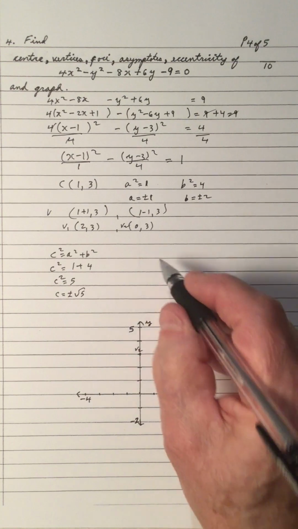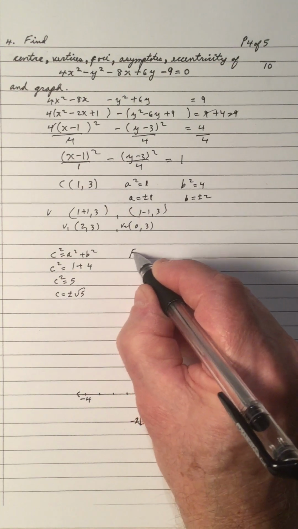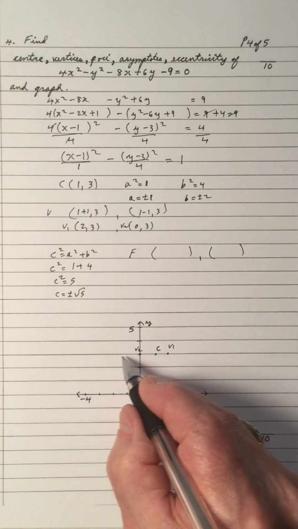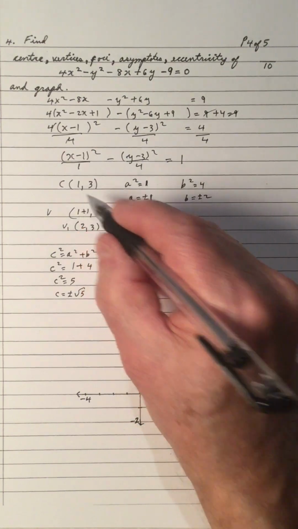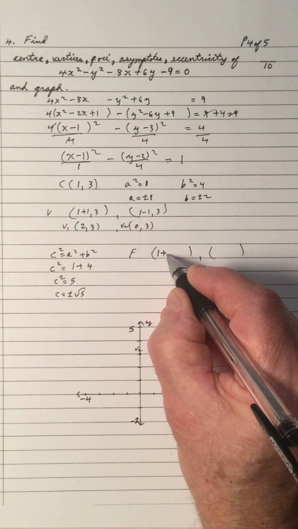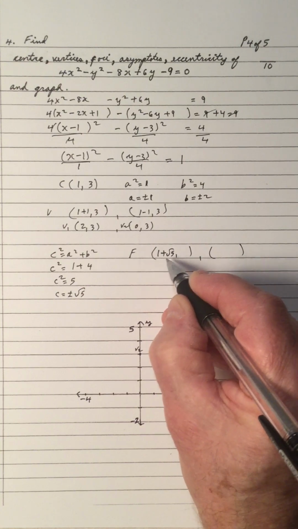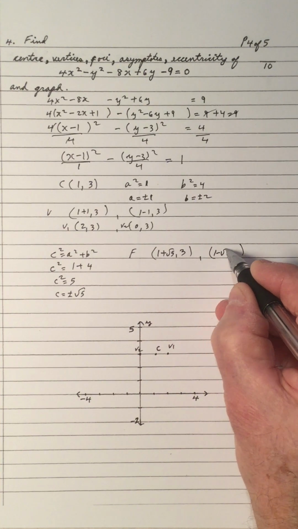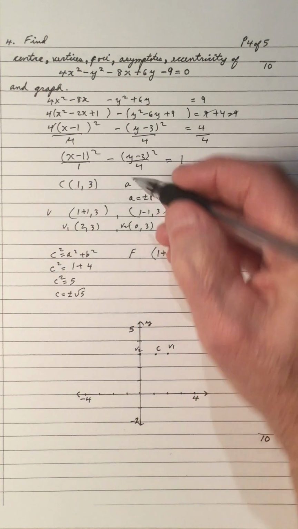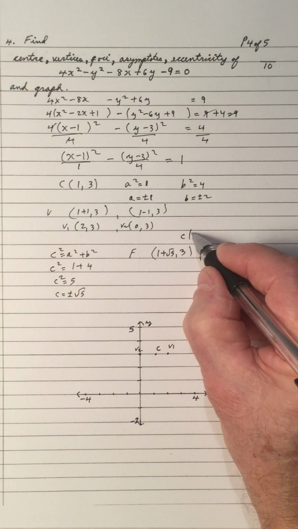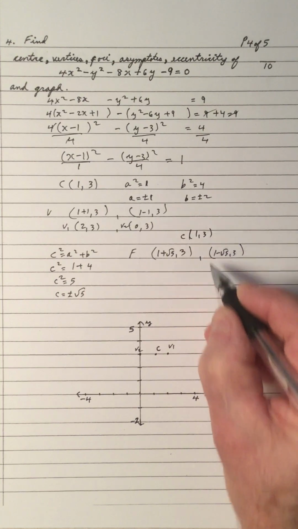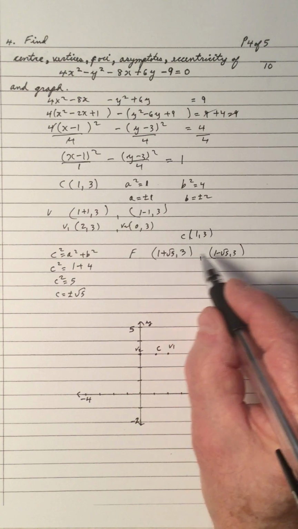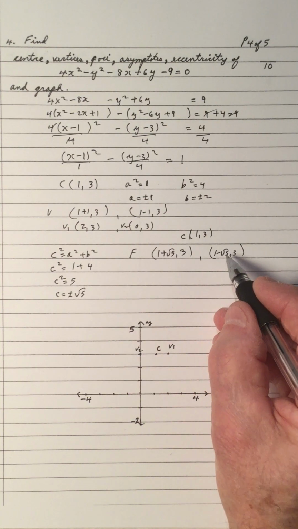So that means the foci, let's look at the foci, and again the foci are horizontal, so we add them onto the lines, so it's 1 plus root 5, comma 3, and it's 1 minus root 5, comma 3, because the center is 1, 3, because it's horizontal, we're adding the root 5 onto the 1 and subtracting the root 5 from the 1.